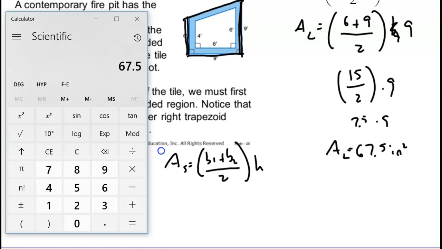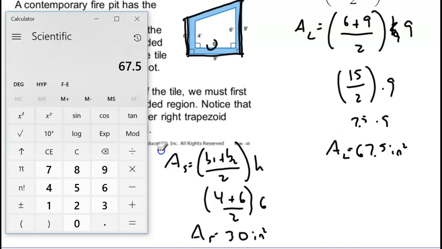And the smaller polygon is 4 feet plus 6 feet over 2 times 6 feet is the height. And we're going to say 4 plus 6 is 10 over 2 is 5 times 6 is 30 inches squared. And so that is for A sub S, the smaller one.